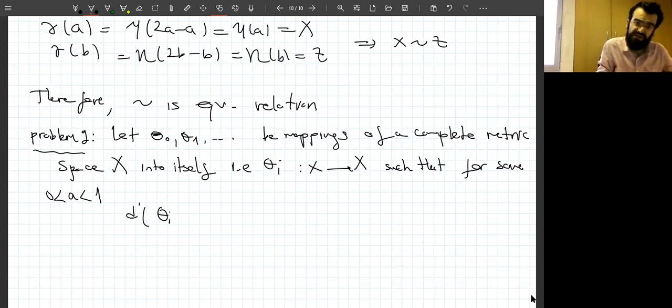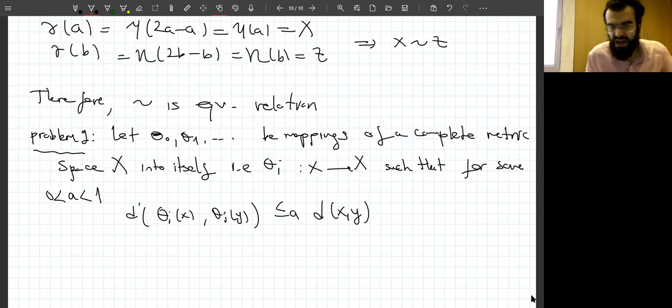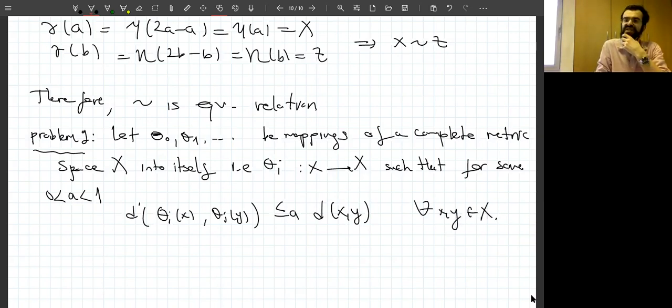What is it? It means all theta i's are contracting mappings for all x, y in X. It means they have unique fixed points.